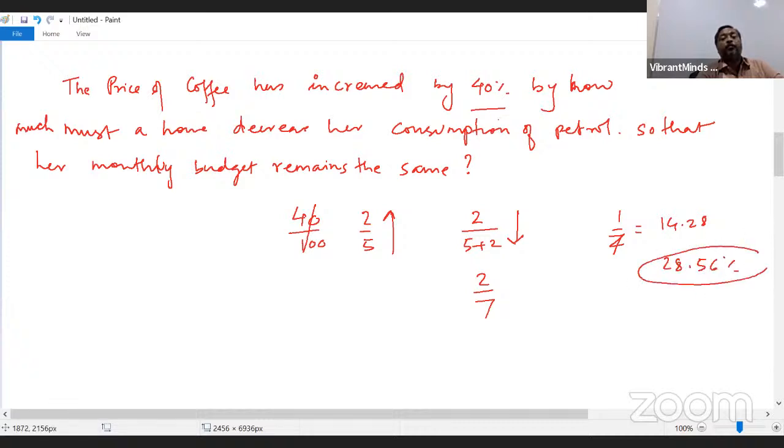That is the only thing which you have to look for. Isn't it? Is it clear, guys?